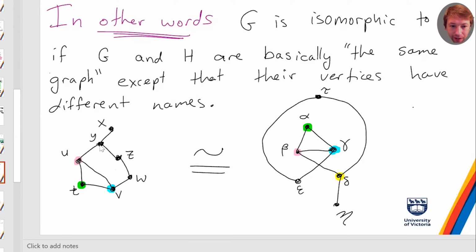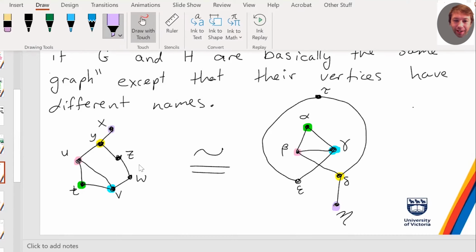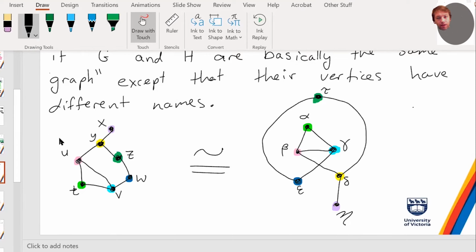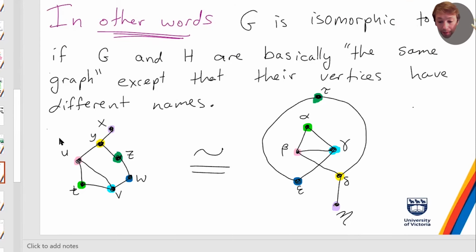Delta is pretty much the same as y, right? And then I map x to eta. If you don't know your Greek letters, this might be confusing. Apologies for that. W goes to epsilon, and Z goes to tau. Formally, sometimes you may be asked to give an explicit isomorphism between two graphs.